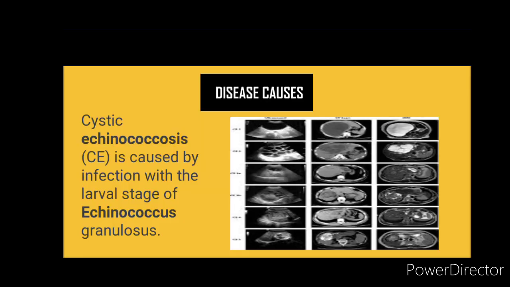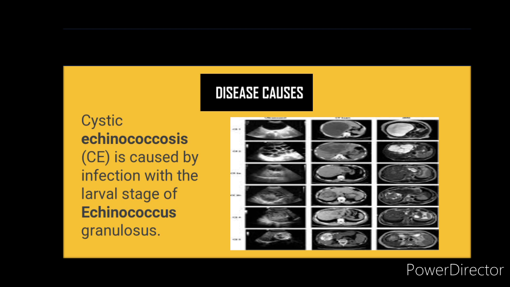Echinococcosis is a parasitic disease caused by infection with tiny tapeworms of the genus Echinococcus. Echinococcosis is classified as either cystic or alveolar echinococcosis. Cystic echinococcosis, also known as hydatid disease, is caused by infection with the larval stage of Echinococcus granulosus, a 2 to 7 millimeter long tapeworm found in dogs, which are the definitive host, while sheep, cattle, goats, and pigs are the intermediate hosts, although most infections in humans are asymptomatic.